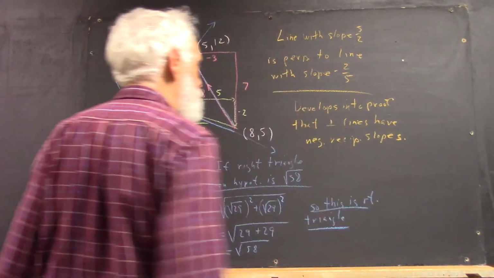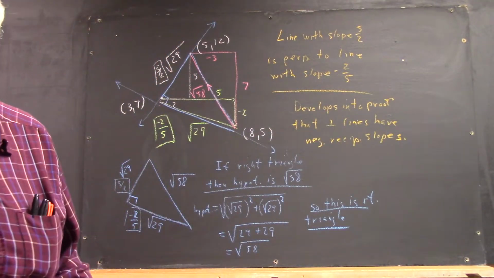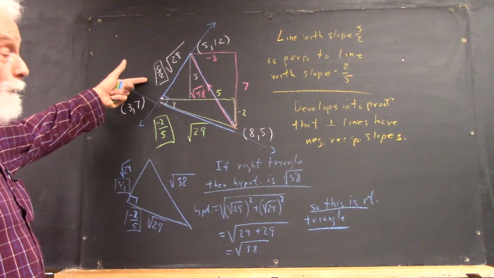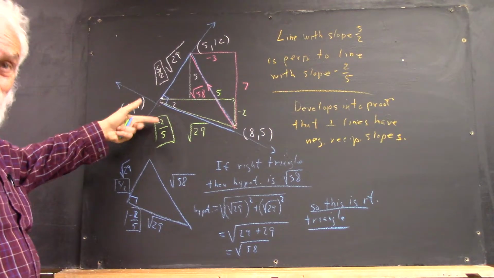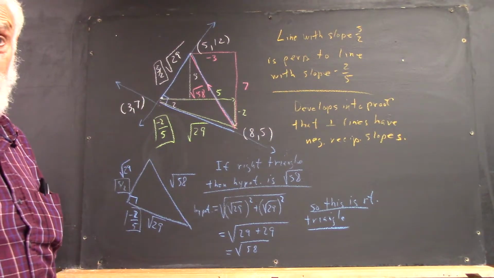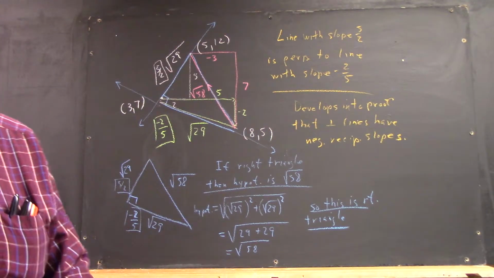Now we understand what I mean by negative reciprocal, right? The reciprocal of 5/2 is 2/5, right? And the negative of that, well, that's what we have, right? Yeah. Okay.